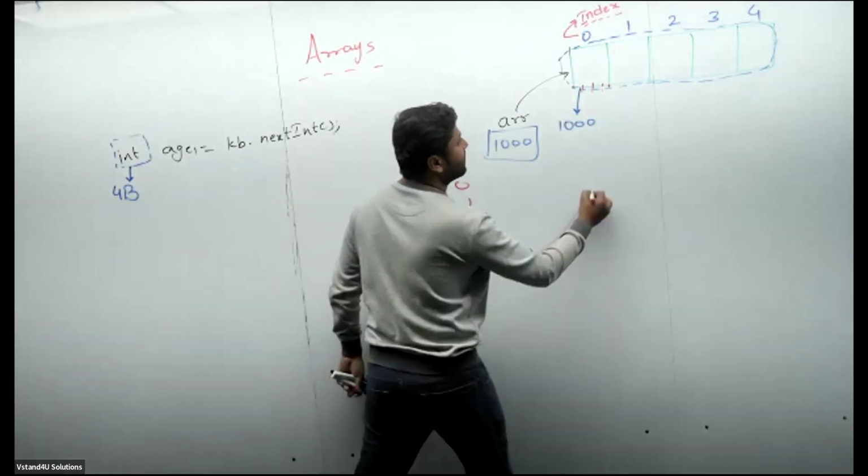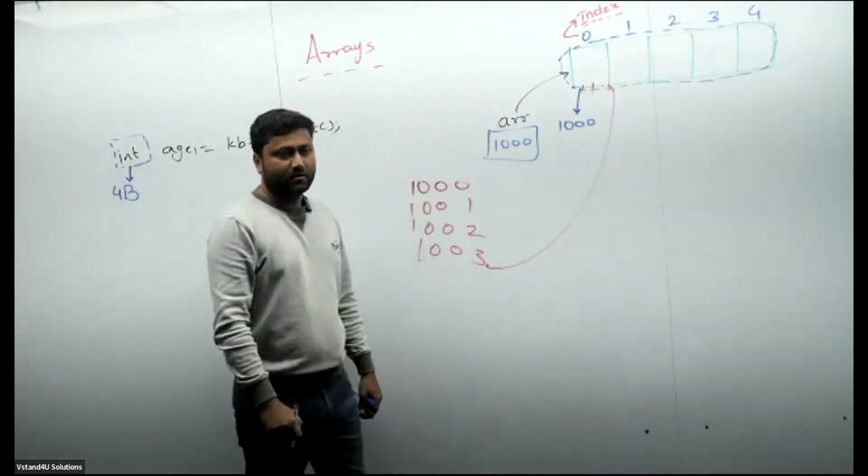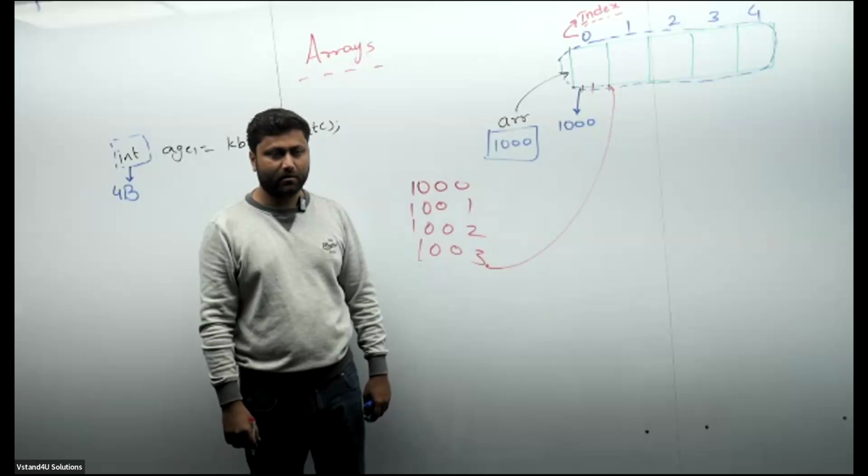The first cell occupies 1000 to 1003, so this location is for this position. Are you able to understand? The next one will begin at 1004.